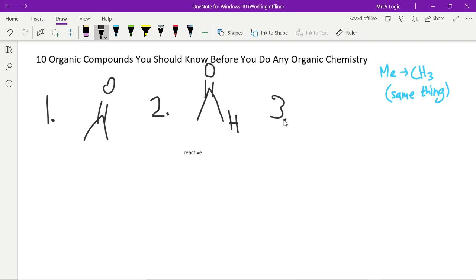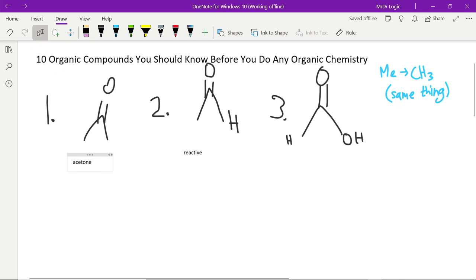Number three, it's actually formic acid, which is rather interesting. Oh yeah, and by the way, this guy's name is acetone. This guy's name is acetaldehyde because it's acting as an aldehyde.